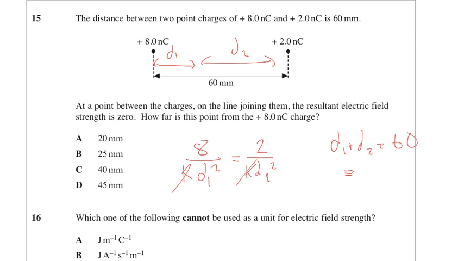So let's cancel those, cancel that. So we've got square numbers, top and bottom, so we can do 2 over d1 is equal to 1 over d2. So we get that 2 times d2 equals d1.